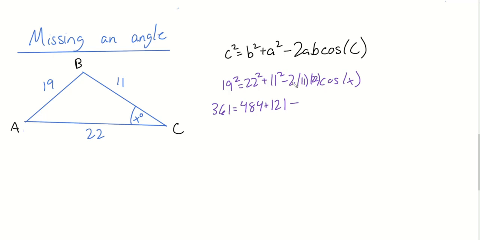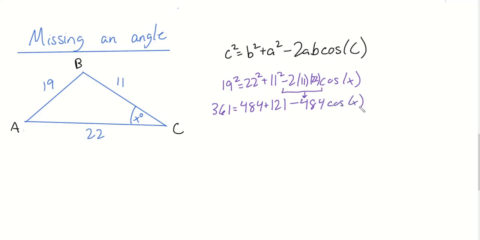Sunny, what is negative 2 times 11 times 22? You can use your calculator. What? 484? So close. Yeah. I'm surprised you know the top of your head.